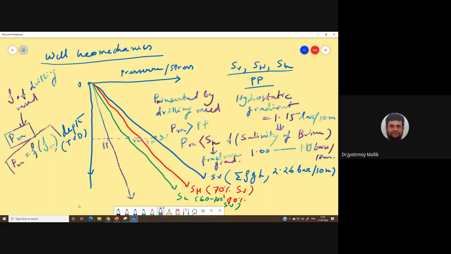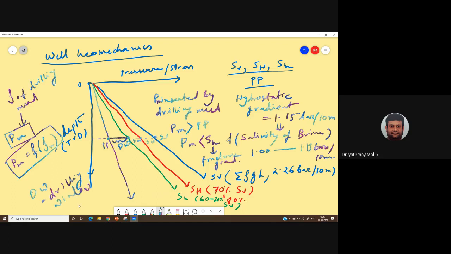So if we increase the density of the drilling mud, I can put more pressure at a particular depth. And the density must be designed in such a way that the pressure at a particular depth is between the pore pressure and the fracture gradient. So we have a window to play with, and this is what we call the drilling window.